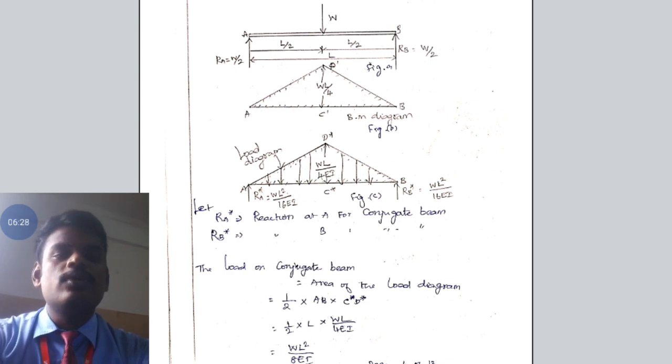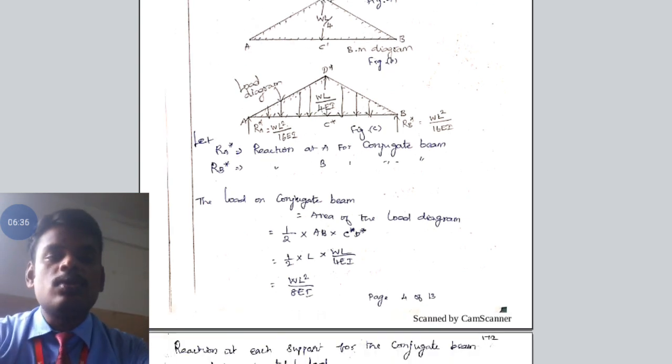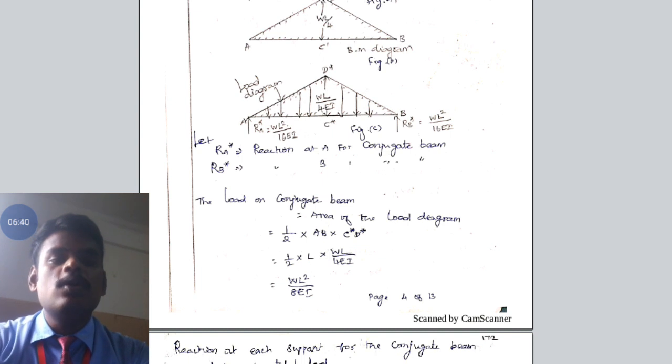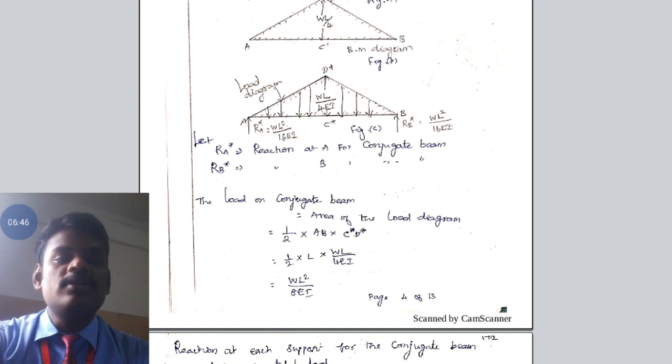For the original beam it is RA, and for the conjugate beam its value is RA star. So the total load value is WL divided by 4 EI. Half of this value is RA star, which is equal to WL square divided by 16 EI. Similarly, RB star is equal to WL square divided by 16 EI.